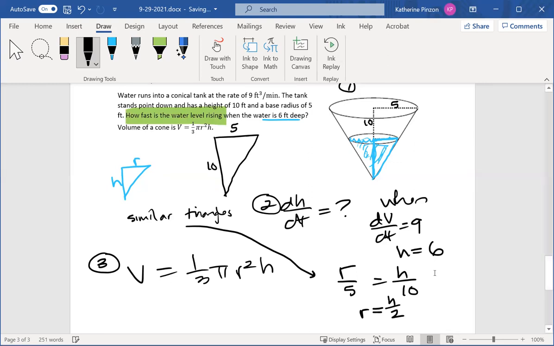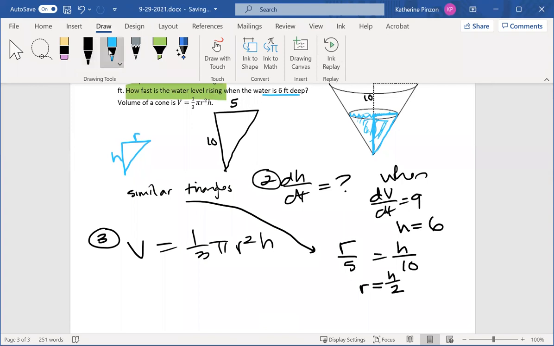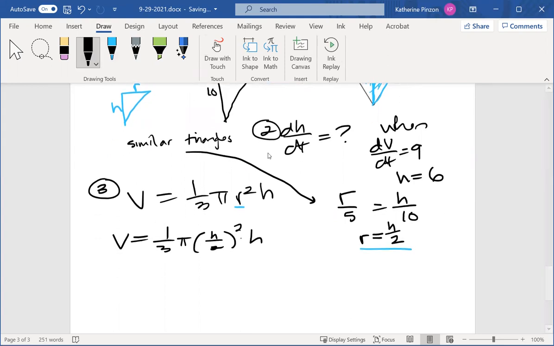So in here, I'm going to use the similar triangles and replace r with h over 2. Volume is 1/3 pi times h over 2 squared times h. Before I take the derivative, I'm going to do some simplifying, because if I don't have to, I don't want to use the product rule.